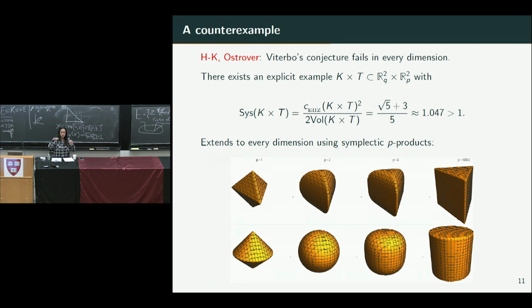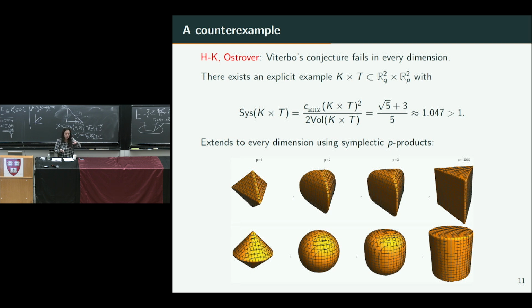Here, the top row is the p-product of a triangle and a line segment, and the lower row is the p-product of a disk and a line segment. It moves from the 1-product, which is just the convex hull of the two domains lying in orthogonal spaces, to the 2-product, which is kind of a ballish thing. And as p goes to infinity, it becomes the Cartesian product of the two domains.